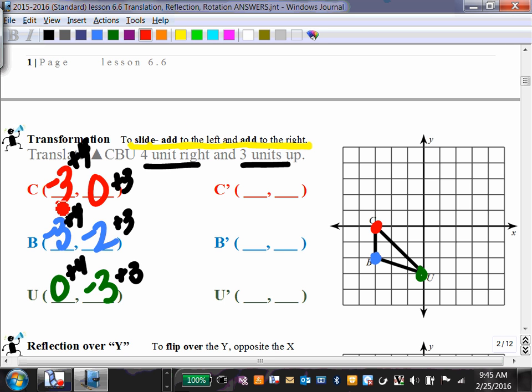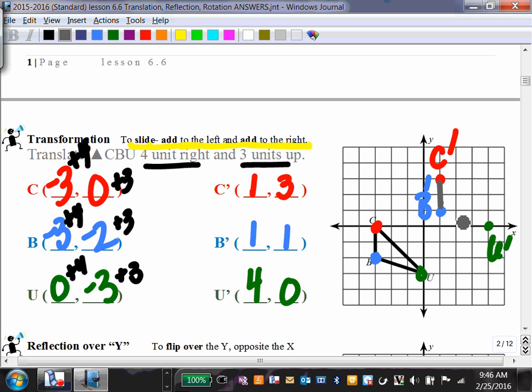So now get your new coordinates here and plot your new coordinates. Your shape should look exactly like the original when you're done.